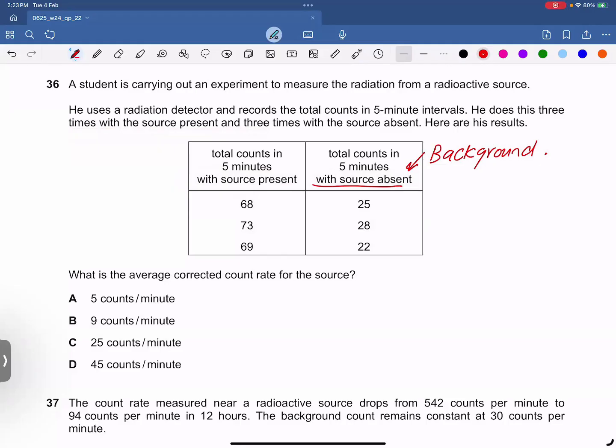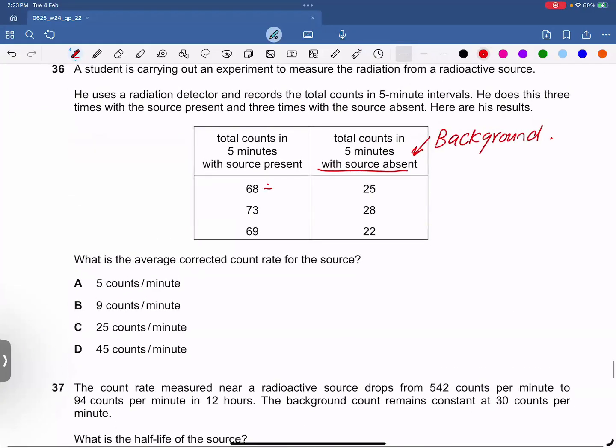So what is the average corrected count rate? Corrected means you subtract the background: 25, 25. Subtract 25 from each. 68 minus 25 is 43. Then 73 minus 28 is 45, and 69 minus 22 is 47.